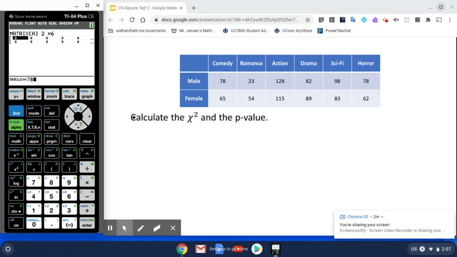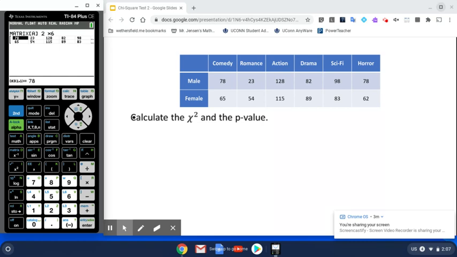So we have 78, our values are 78, 23, 128, 82, 98, 78. Okay, those are the preferences for males. For females, 65, 54, 115, 89, 83, and 62 are the numbers in each of the categories.